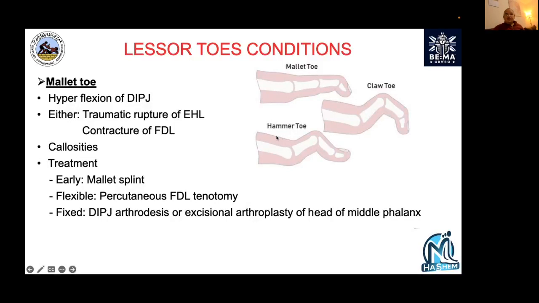This is totally different from the hammer toe, where the problem is mainly in the MTP. Plantar plate attenuation, so there is no more restraint plantarly, so the intrinsics will pull the MTP joint dorsally and cause the extensor mechanism to come into action.